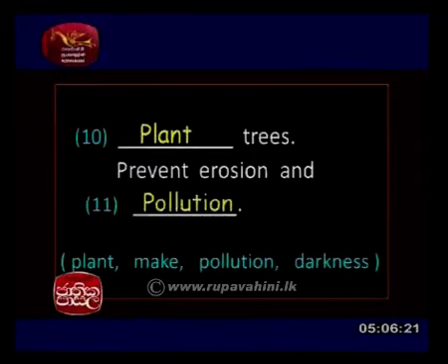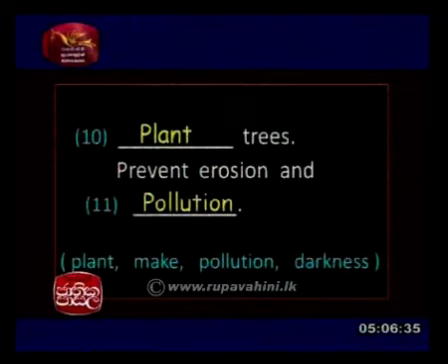Normally plant is a noun, but here, what is the function of this plant? It's a verb. Plant trees. So it's the verb that we have used there. It's an instruction. Yes, it's an instruction. You have to do this. Please plant trees. Then prevent erosion.